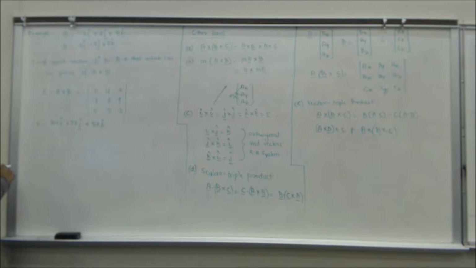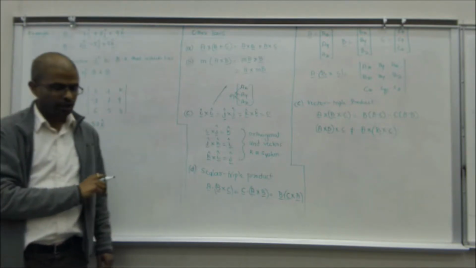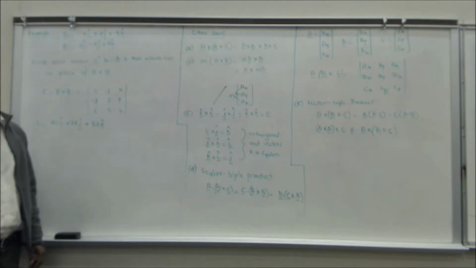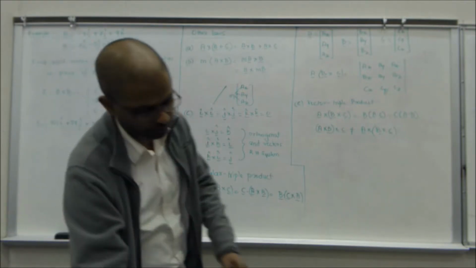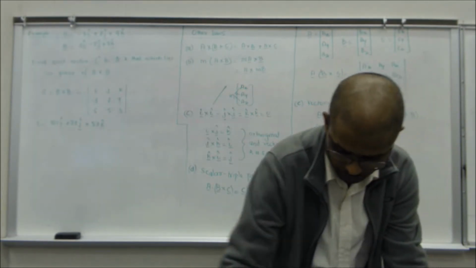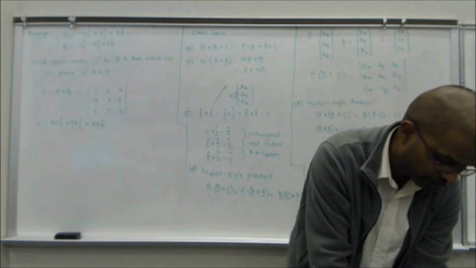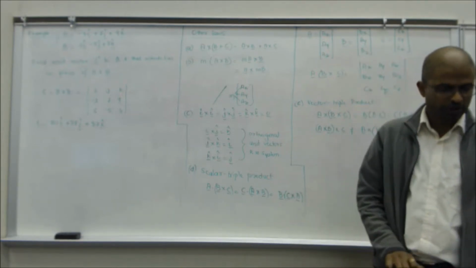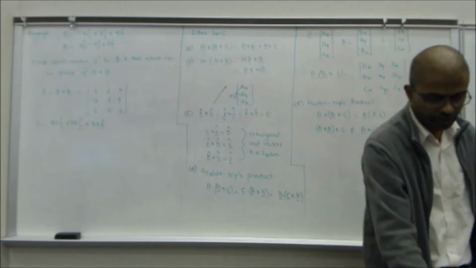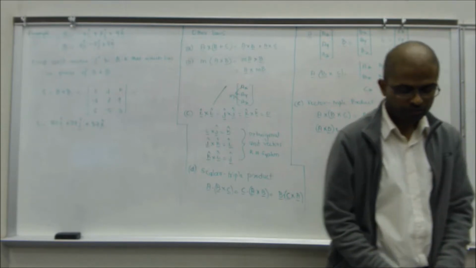Now do you want to take A cross C or C cross A? It's important that you take the right cross product. It will not be the same. We have arrived at this. This is C vector. A cross C would be this.